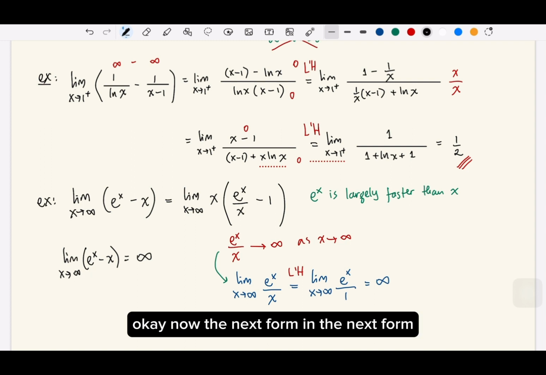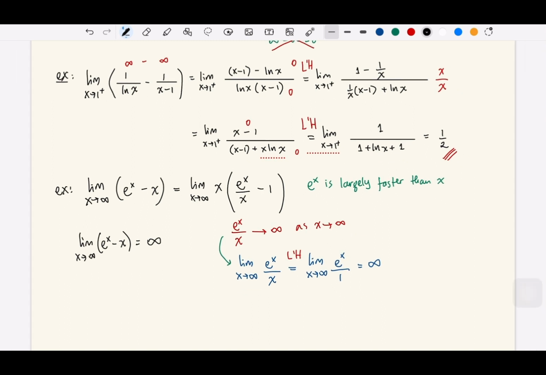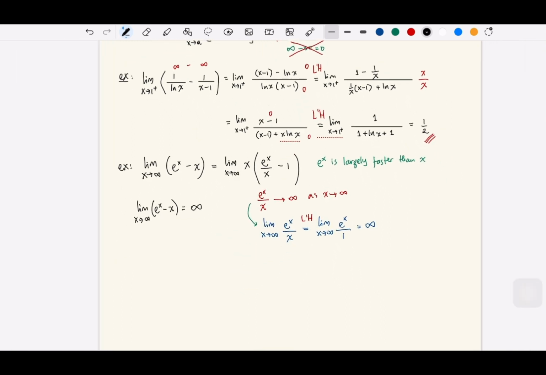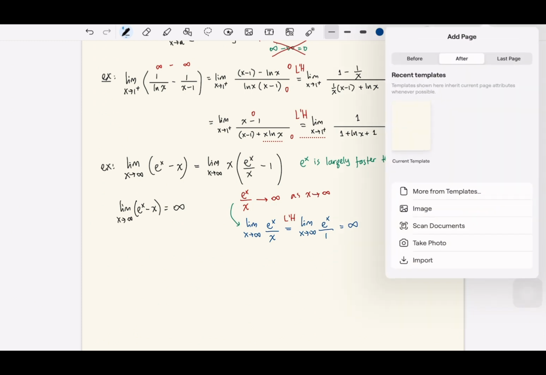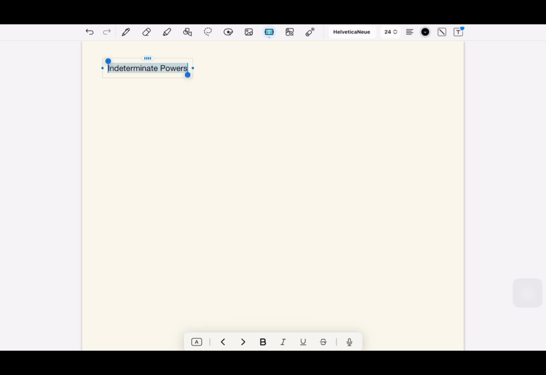Okay, now the next form. We have powers.